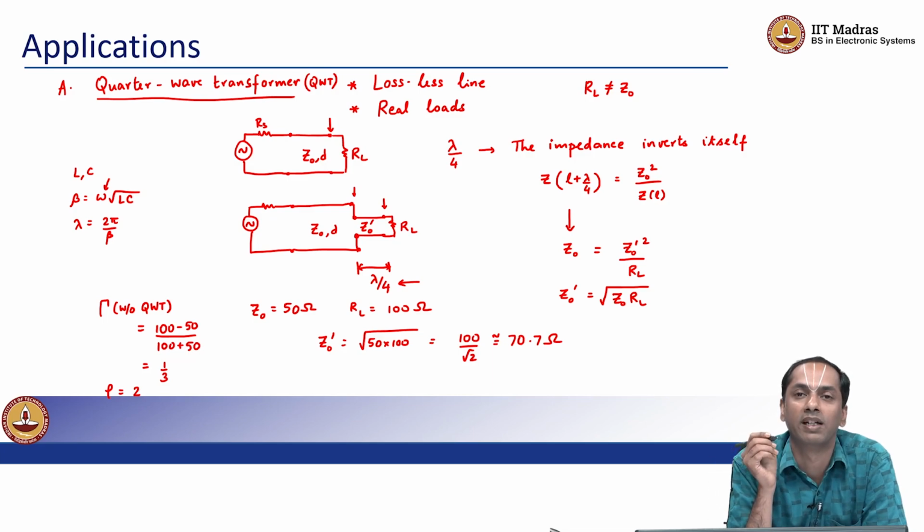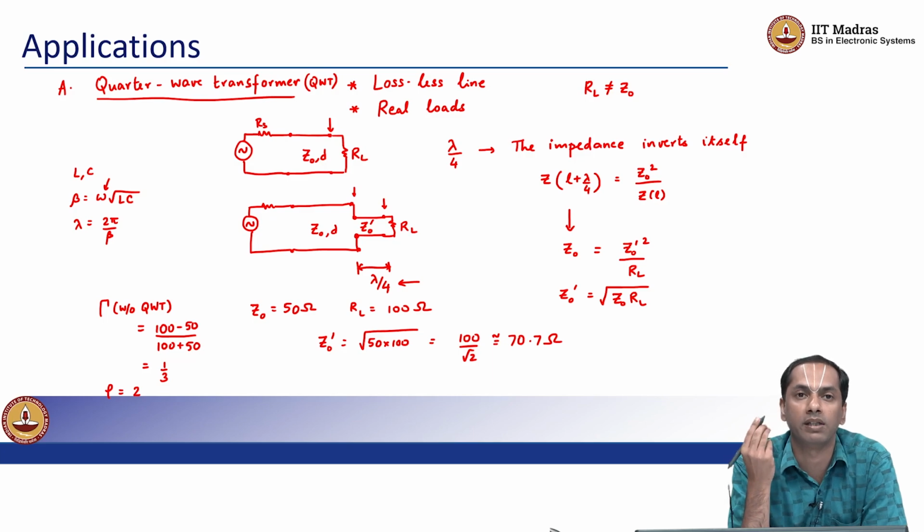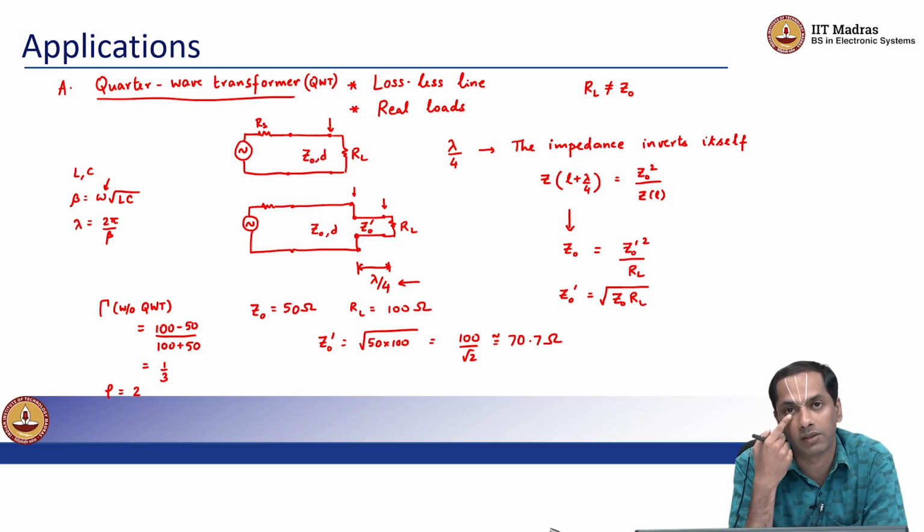So I have actually added one more deliberate reflection and somehow these two reflections together miraculously cancel all reflections going back to the source, right? So I'll let this be a creative exercise for you to ruminate on all the new topics and concepts that you have learned, in trying to explain how this quarter wave transformer is able to mitigate reflections, right?